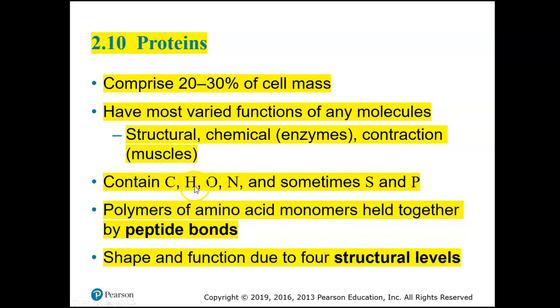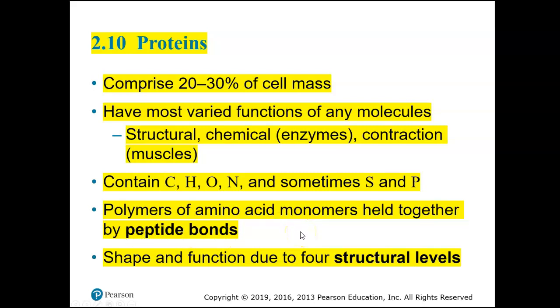Proteins will contain carbon, hydrogen, oxygen, nitrogen, and sometimes sulfur and phosphorus. But definitely these 4. Definitely proteins have nitrogen, whereas most lipids and definitely carbohydrates do not. When amino acids, which are the monomers of proteins, are joined together by dehydration synthesis, the bonds between them are called peptide bonds.